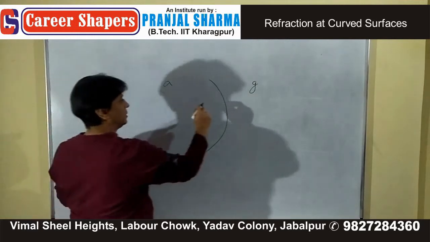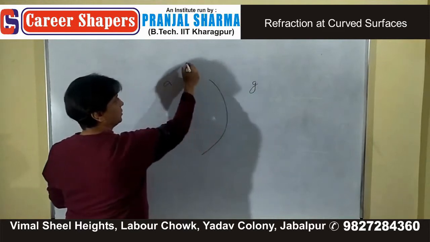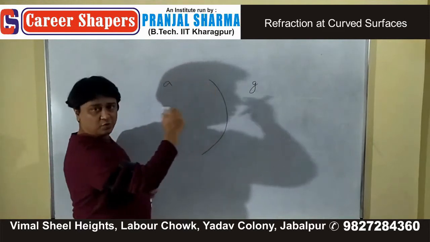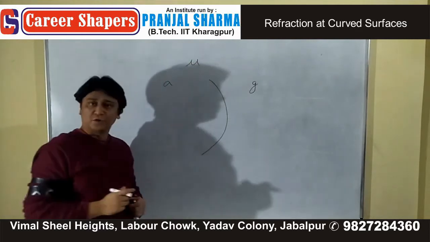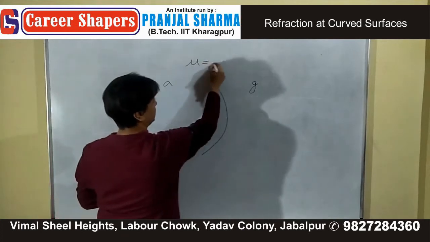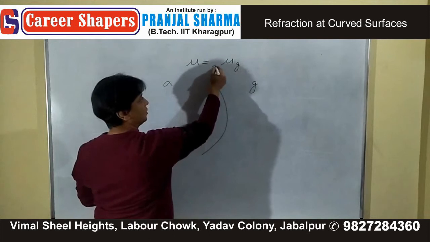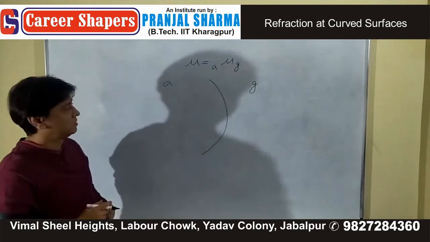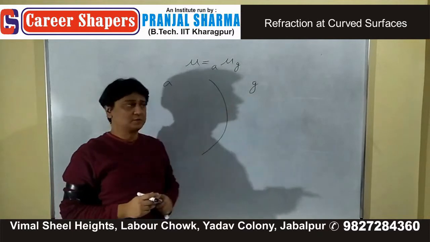Now, it doesn't matter whether you take air or glass. We will handle this whole thing in terms of mu, and that mu is basically the refractive index of glass with respect to air. Light is coming from air and it enters into glass.